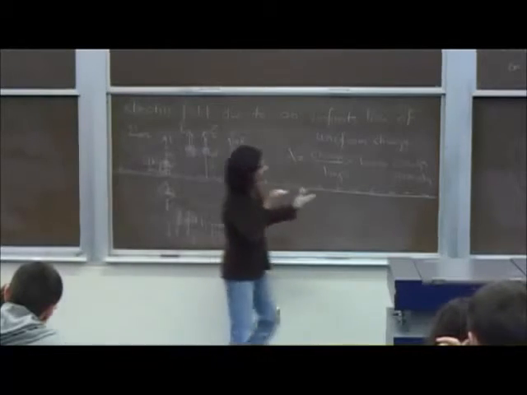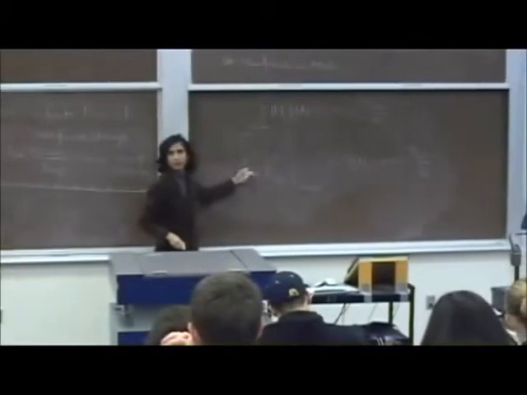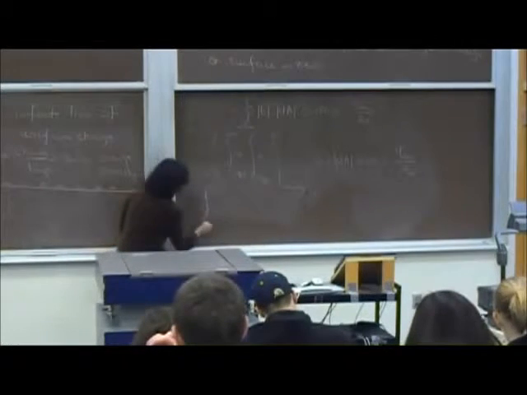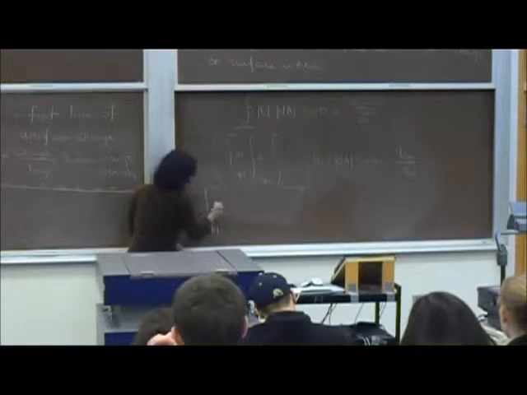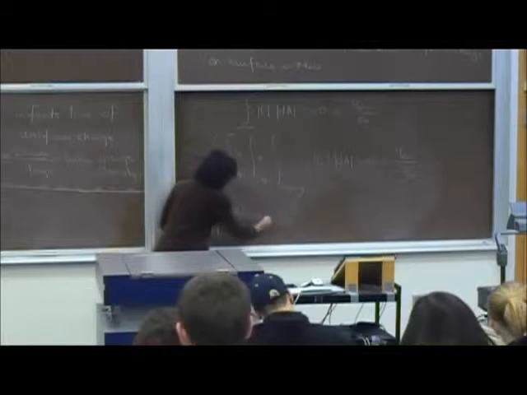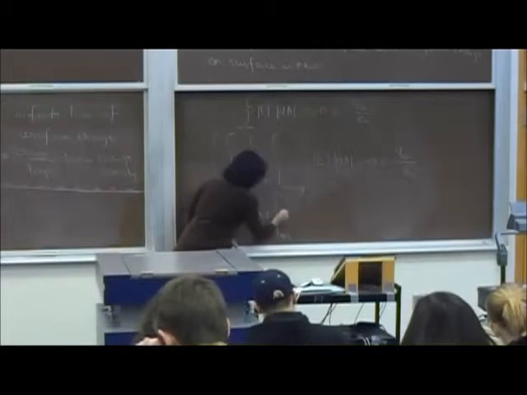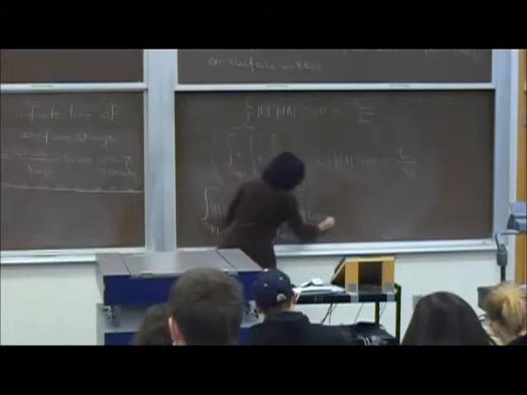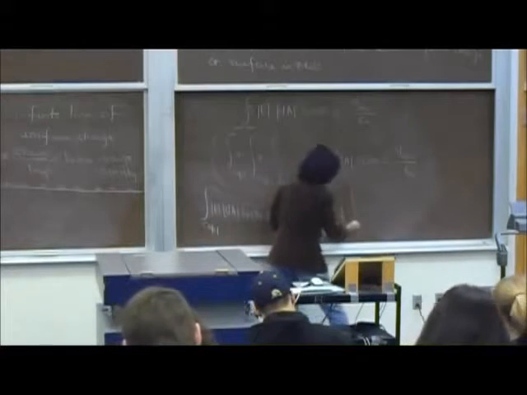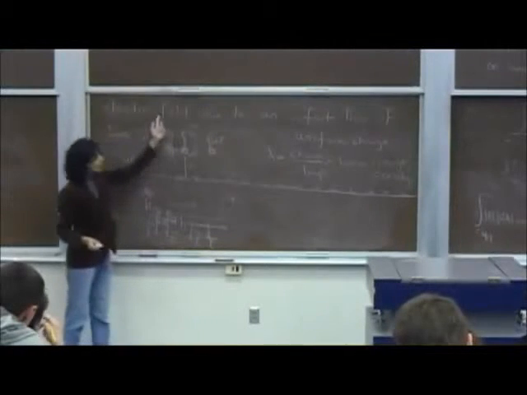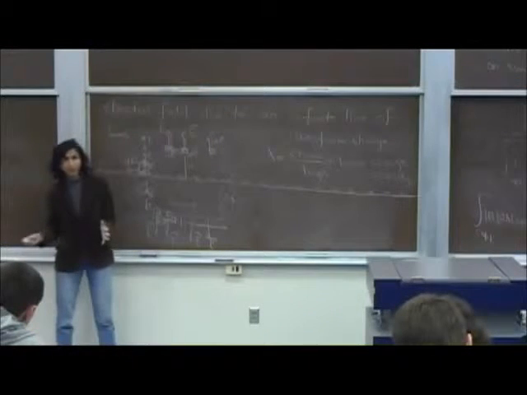So the point is that for each of the caps, if you want to do it separately, cap 1 will be E dA times cosine 90, plus cap 2 will be E dA times cosine 90, plus the curved part, and the curved part we already said will have the electric field and the area vector in the same direction, so that's cosine 0, right?